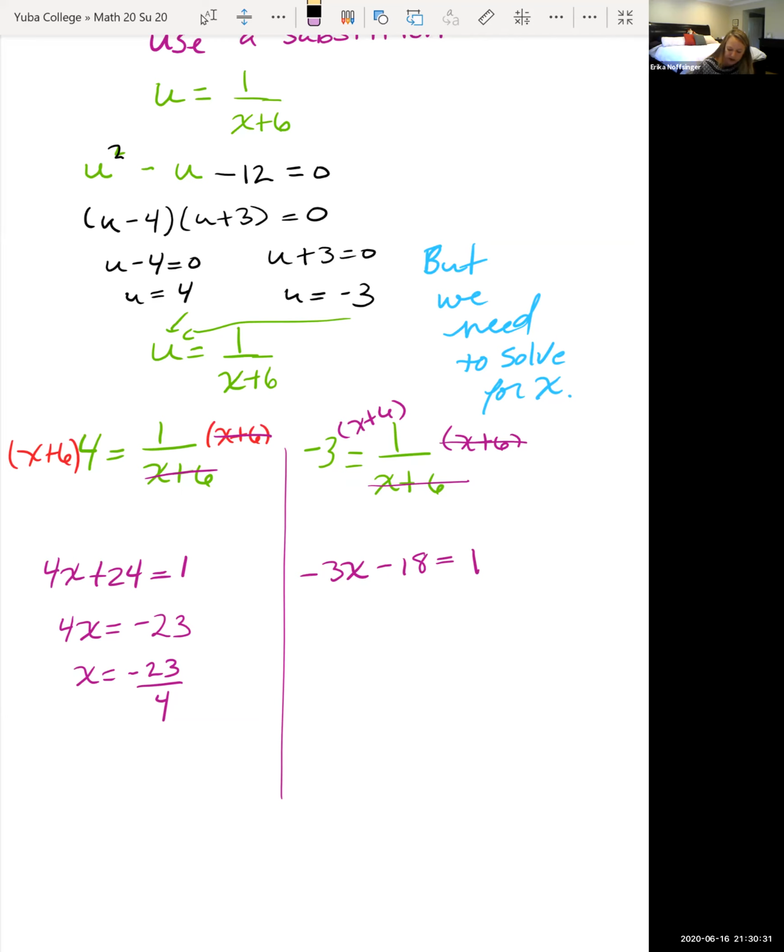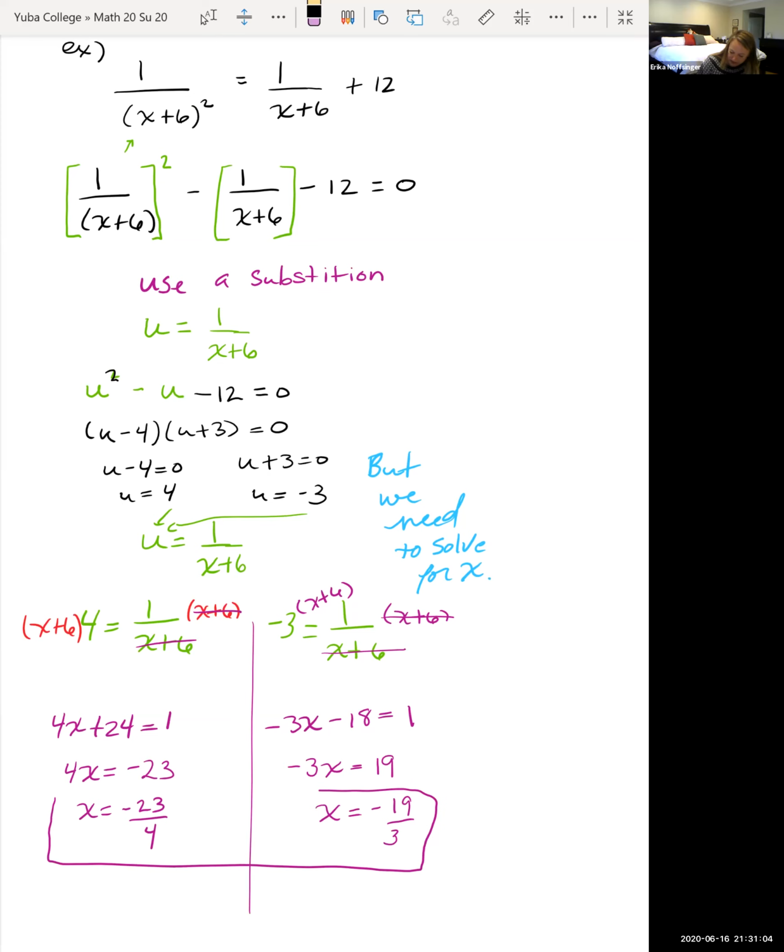We get negative 3x is equal to 19. Divide by negative 3, we get x is negative 19/3. Okay, so as long as I didn't make any little errors with my arithmetic or carrying things down, this is our answer.